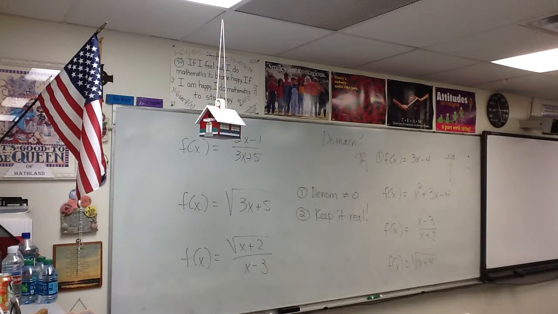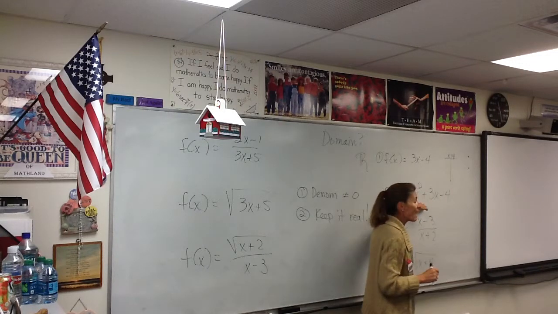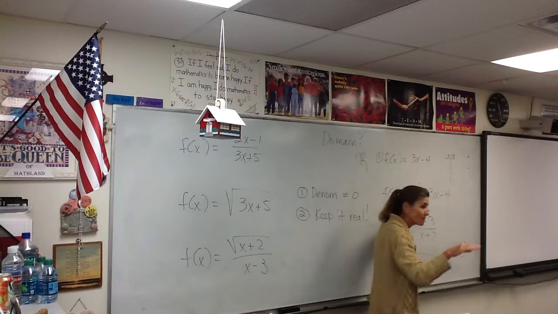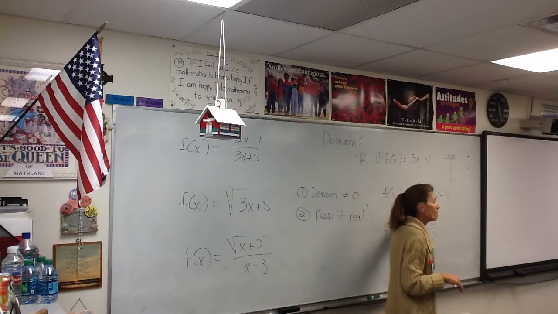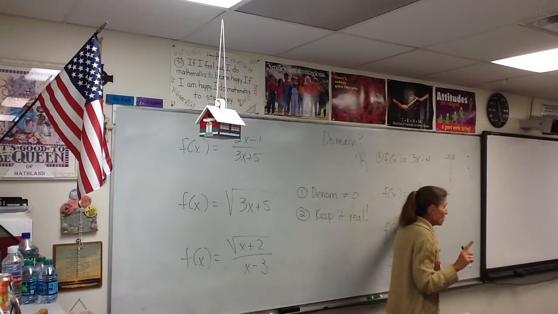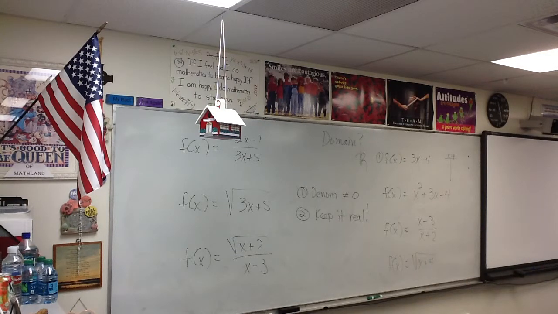So I want you to look at this one. Does this one have a denominator? No. So we don't have to worry about the denominator being 0 because there isn't a denominator. Is there any chance of this not being real? No, because what's the only way you can be not real? The square root of a negative. And if you don't have a radical, then you're not going to be imaginary.